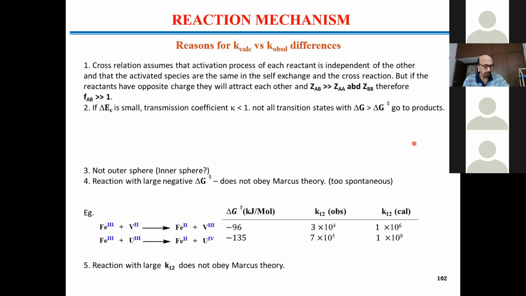Okay, today let us move into the other mechanism, which is called inner sphere mechanism. Now, to understand the inner sphere mechanism, you also need to recapitulate the outer sphere mechanism.